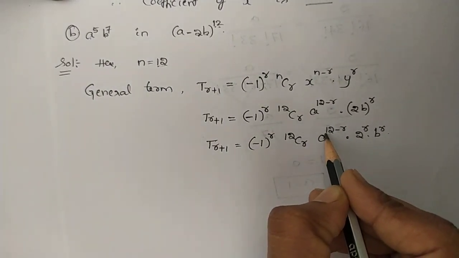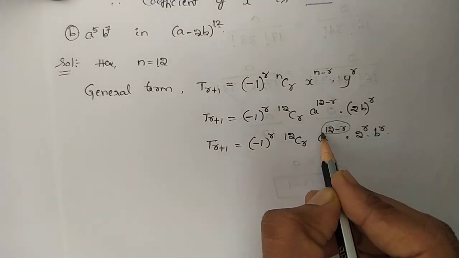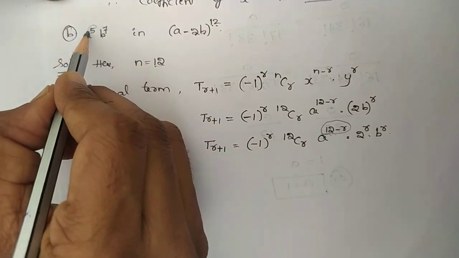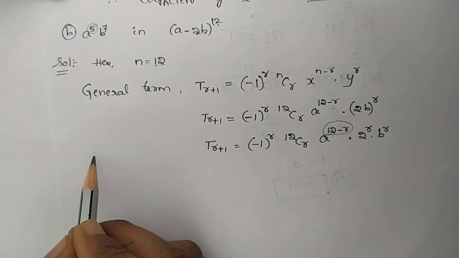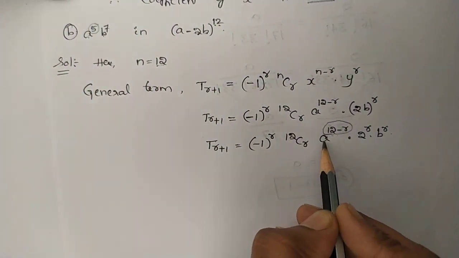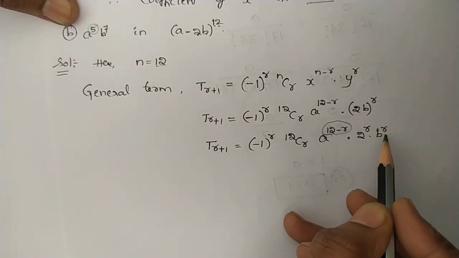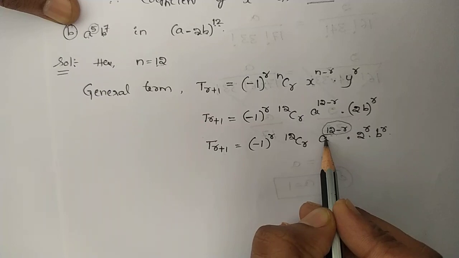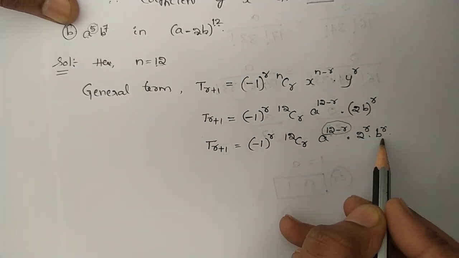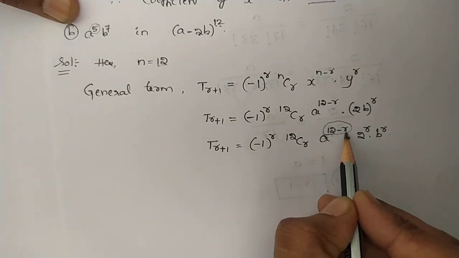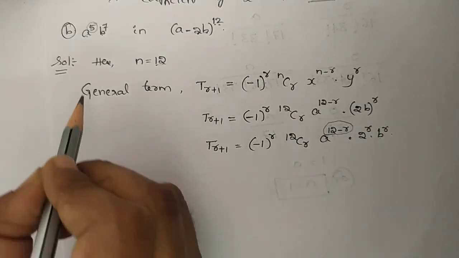Here a power is 12 minus r. You can equate a powers or b powers. A power 12 minus r we have in the general term.